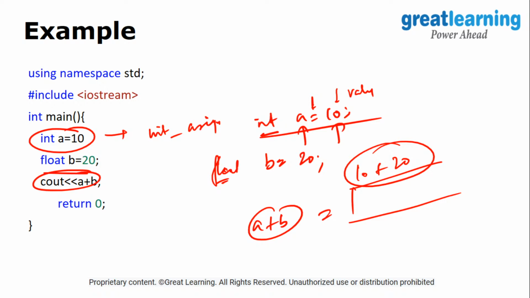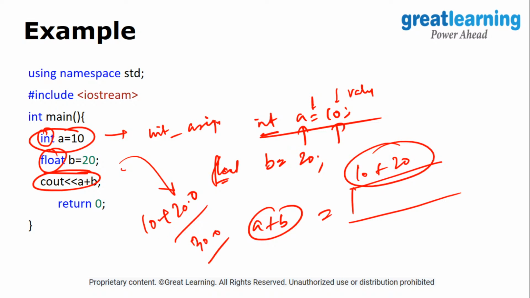We have answers. So this is an integer and this is a floating point, so it will be 10 plus 20.0, because floating point does this. And now when you add this, it will never be 30, it will be 30.0. It will not be 30, guys.